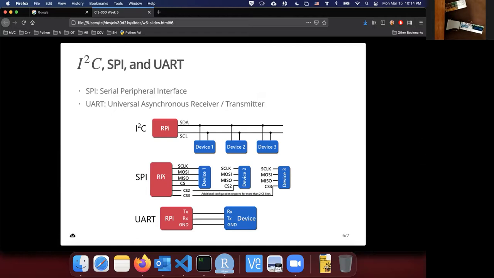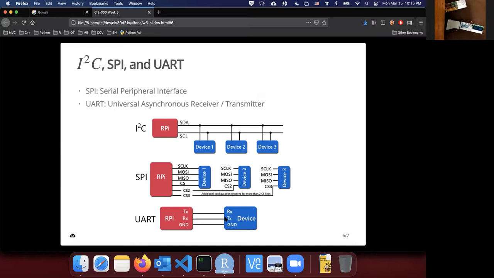The other serial interface protocol is called UART, Universal Asynchronous Receiver and Transmitter. This is asynchronous communication. Asynchronous means here we don't have a clock signal. It's not synchronized, and because it's not synchronized, it is slower.